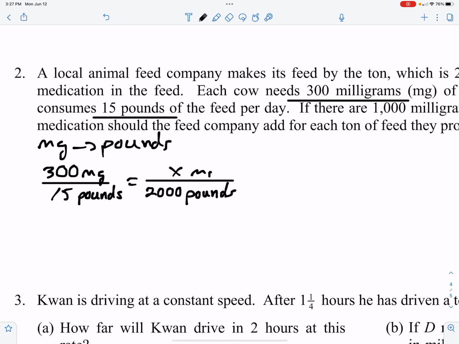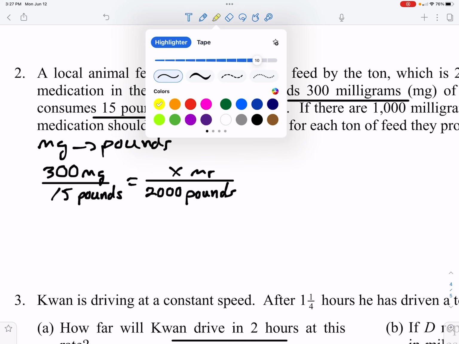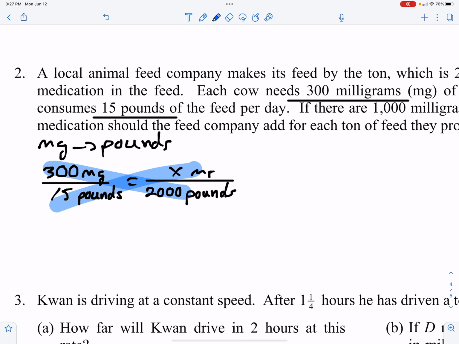X number of milligrams. Okay, so let's go ahead and cross multiply this. We get 15x equals, well, 2 times 3 is 6 with 5 zeros after it. So that's 600,000.